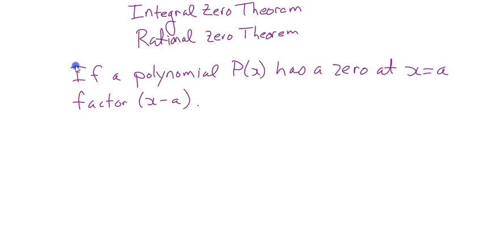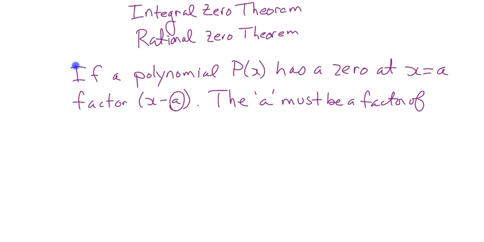So if it has a 0 at x equals a, that means the factor is x minus a, right? And so the a must be a factor of the constant term in the polynomial, right? So the a must be a factor of the constant term in p of x.